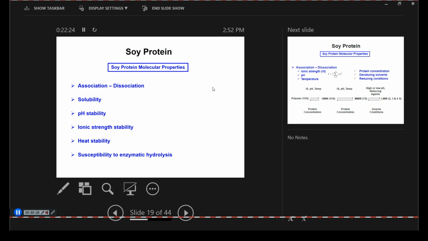So there is specificity of enzymes that are required in order to break down these subunits. However, if the protein is partially denatured, not further polymerized, then it becomes more susceptible to enzymatic hydrolysis. So partial denaturation in the case of soy protein or legume proteins that are large in molecular weight would actually be helpful to enhance digestibility.